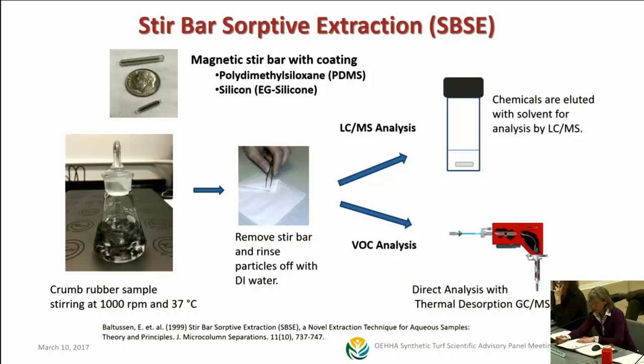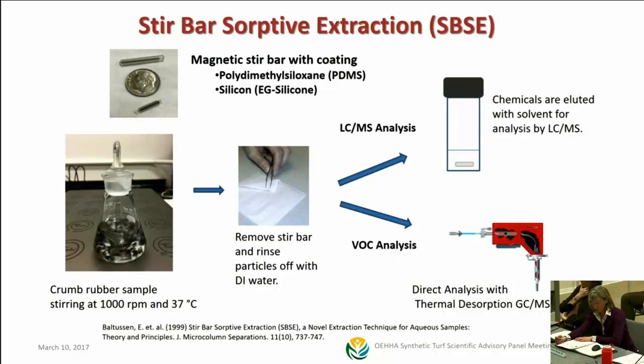It can be directly analyzed by thermal desorption for a VOC analysis and gas chromatography mass spectrometry, or, in the top arrow, you can go to LCMS analysis by back-elution with a solvent for instruments that require a liquid injection. The stir bars come in a variety of sizes, as shown in the top diagram, and coating thicknesses to provide a range of capacity and options on the coating to allow for a wide range of chemical classes to be analyzed.